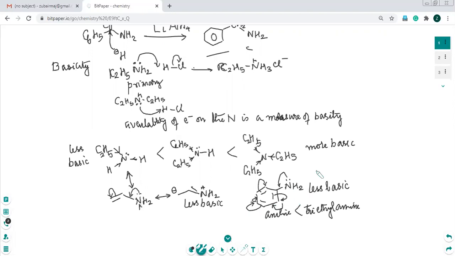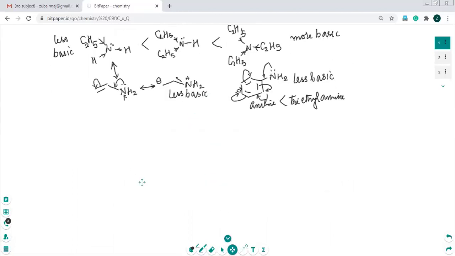Okay. And you know the basicity, there is something called Kb. Acidity and basicity, you know. Acidity is shown by Ka. Ka is acidity and Kb is basicity. Now what is Kb? It is an equilibrium constant. Kb is the equilibrium constant for what reaction? I take, for example, this compound, C2H5NH2.